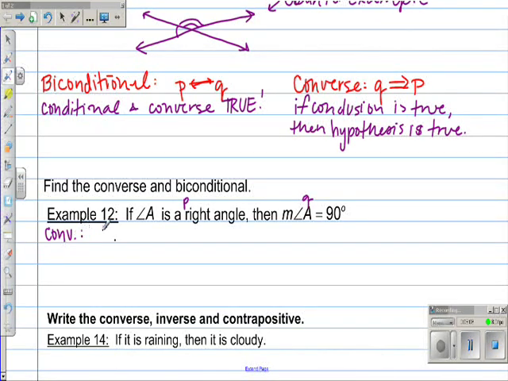So then the converse would be, if the measure of angle A equals 90, so if that's 90 degrees, then angle A is a right angle.